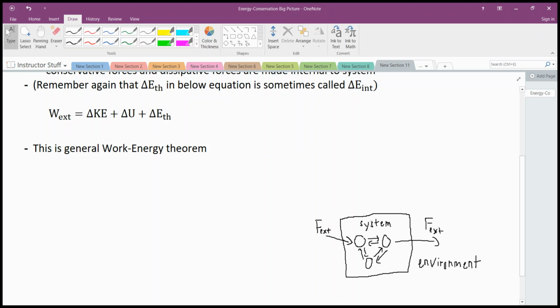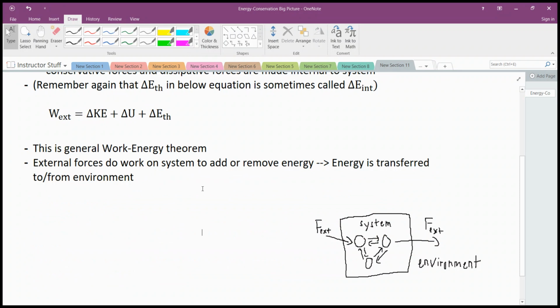We have our system, which I have boxed in, and then everything outside our system is the environment. There are external forces acting on particles inside our system, either pushing or pulling them. And then our particles inside our system exert forces on each other, and there may be dissipative forces inside our system acting on these particles too.